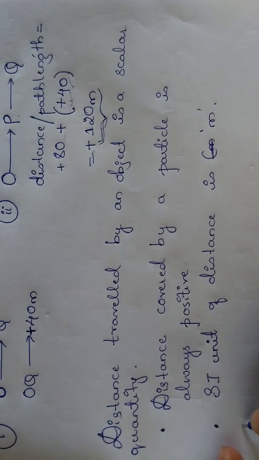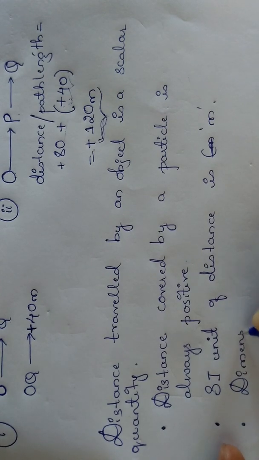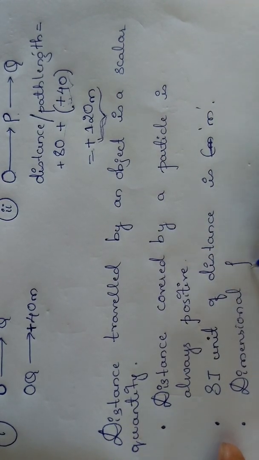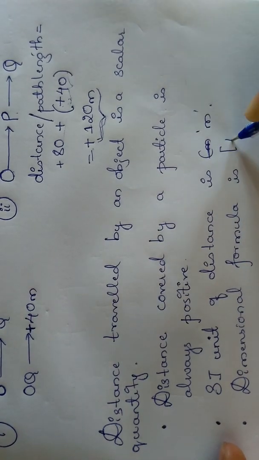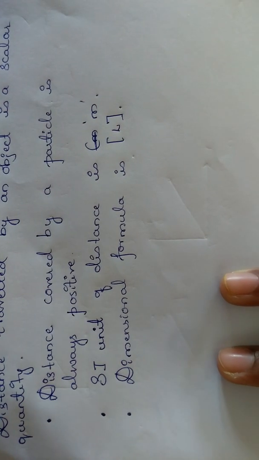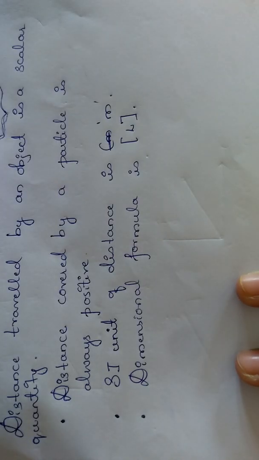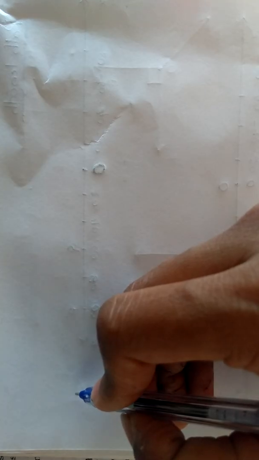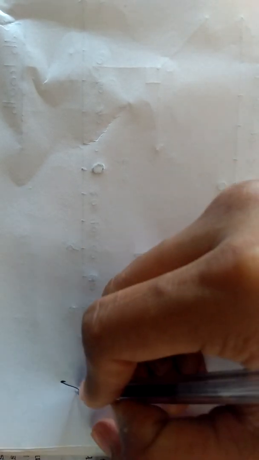The dimensional formula would be just L. So now the concept of distance or path length is clear to you. So now let us understand another physical quantity, that is displacement.